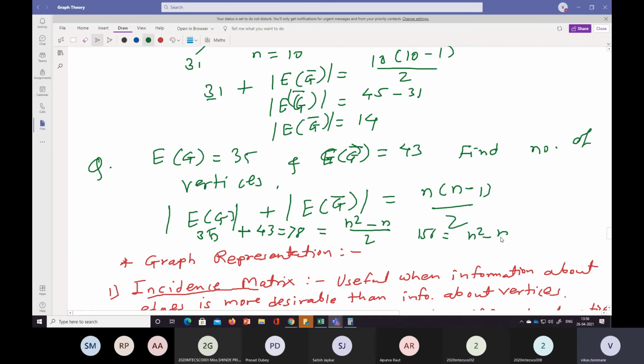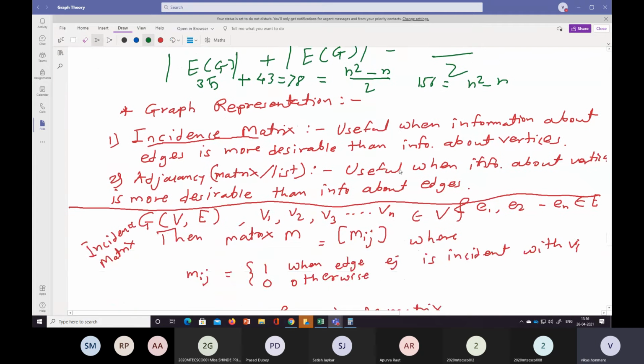Okay, so again we use this equation. N square minus n minus 156 is equal to 0.